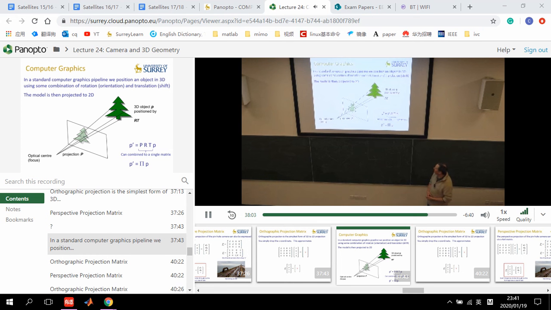So if I'm working in a computer graphics package, like a CAD package, computer-aided design package, building models in 3D, or even if I'm writing a 3D game, I can, of course, move my objects around my world by translating them, rotating them, scaling them, using these affine transformation matrices, so 4x4 matrices with that bottom row 0, 0, 0, 1.